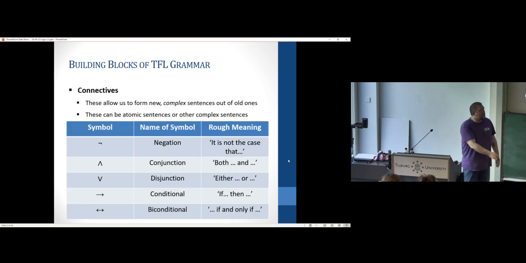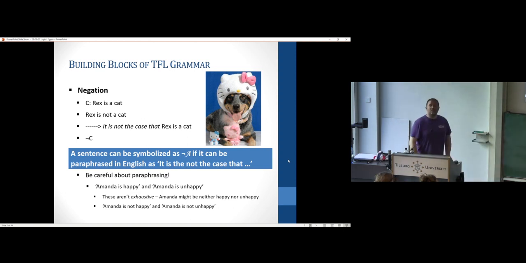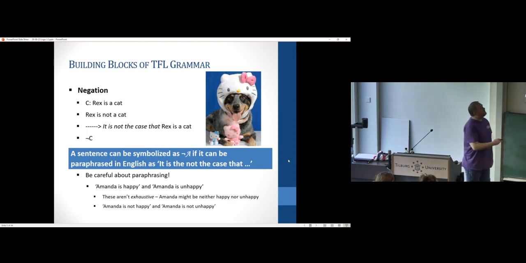To go back a slide, I said that negation roughly says "it's not the case that," so wham bam, we can symbolize "Rex is not a cat" as negation C. And more generally, we can say a sentence can be symbolized as negation if it can be paraphrased in English as "it's not the case that."